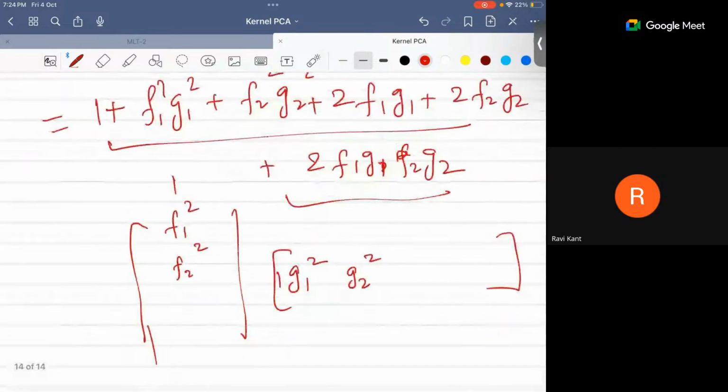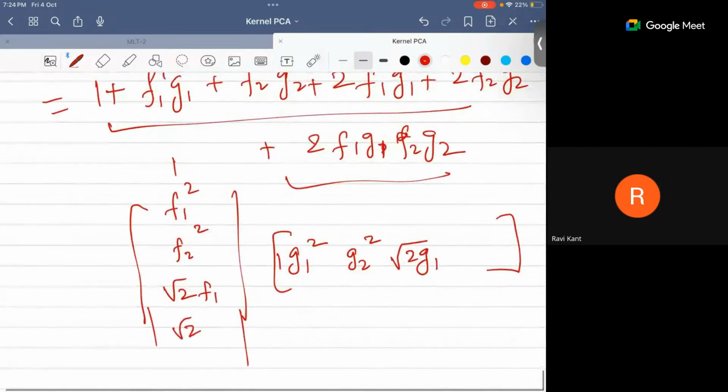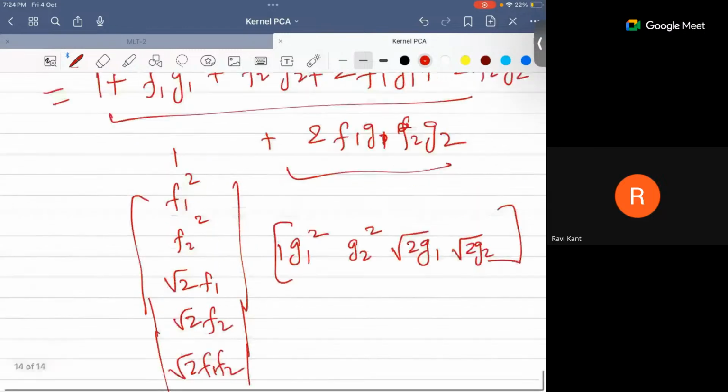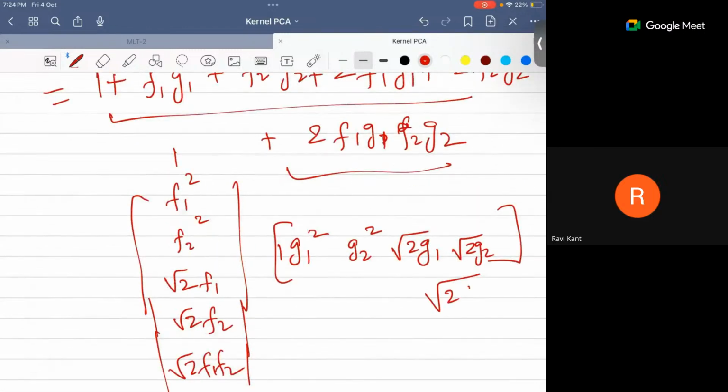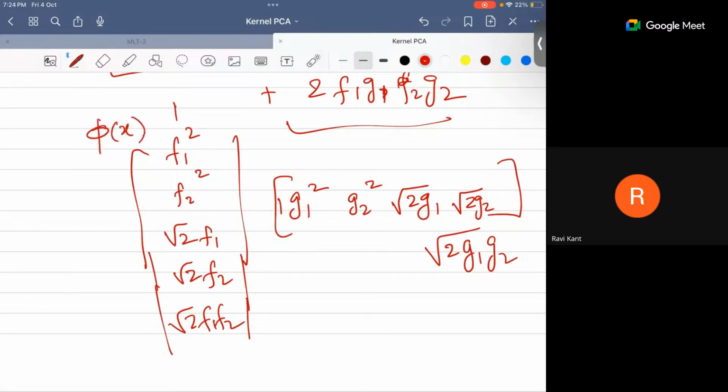For this you can take root 2 f1 and here root 2 g1. Similarly, root 2 f2 and here root 2 g2, and the other root 2 f1 f2, and here also root 2 g1 g2. See, this you can think of as one transformation, right? And this is the other transformation.